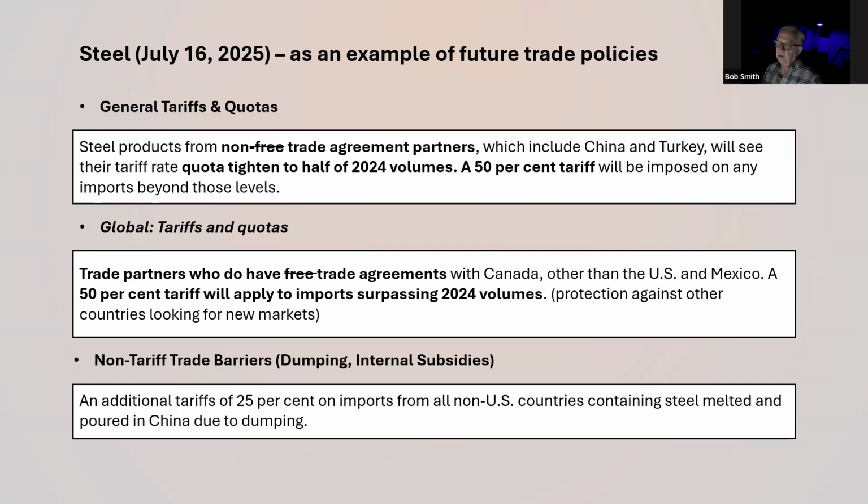When there were no quotas, there was no reason for you to go in and get an import license, because there were no restrictions. But now, if the restriction is, let's say, the same volume as 2024, then you're going to have to get in early.